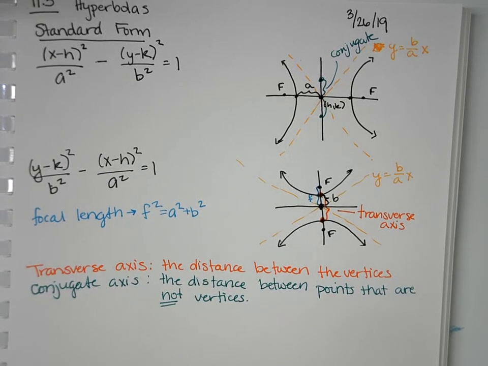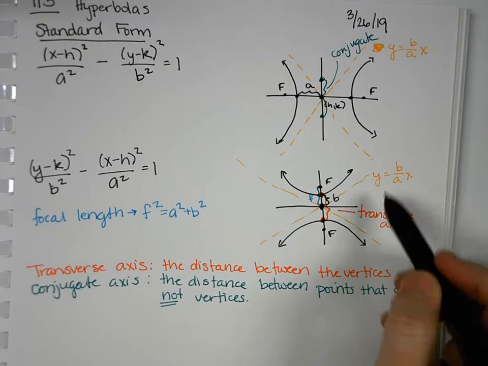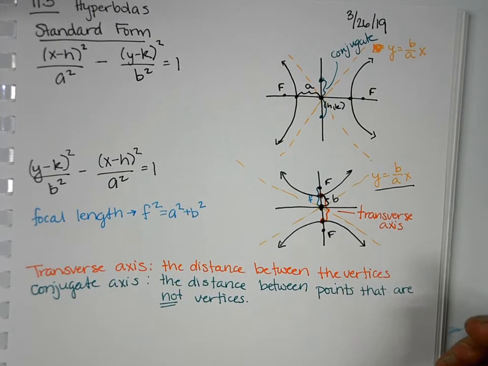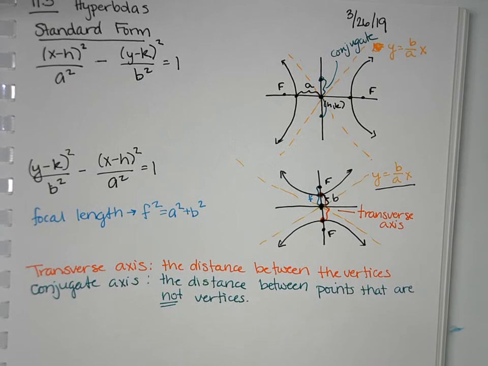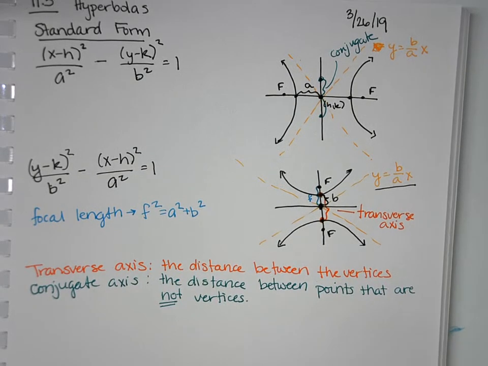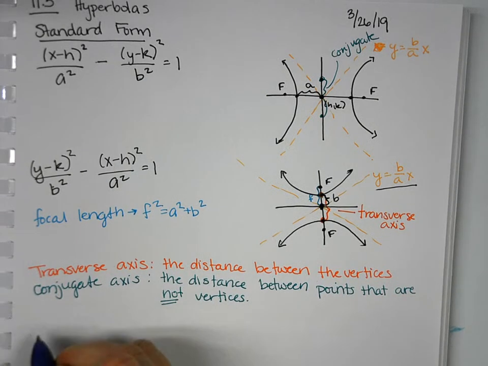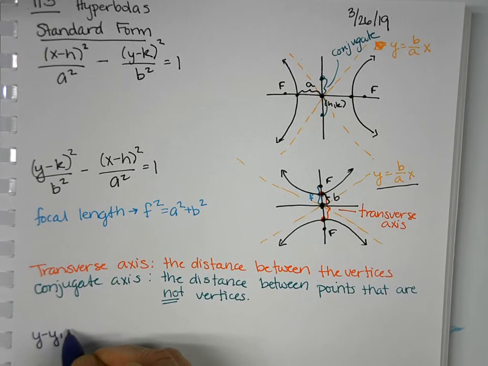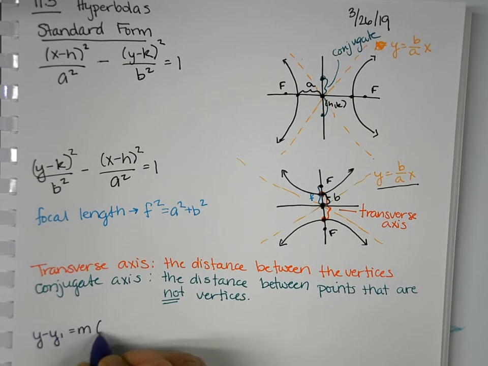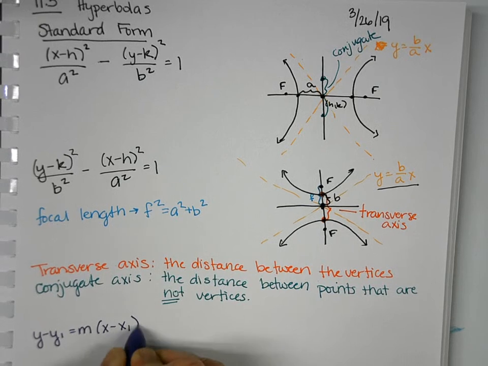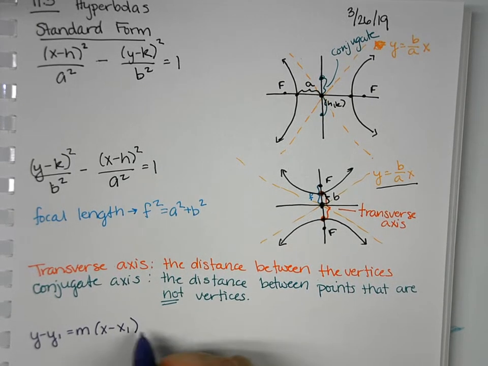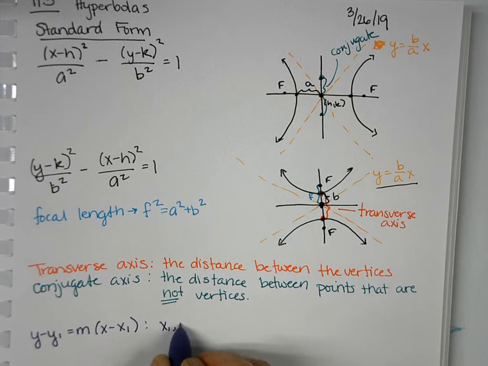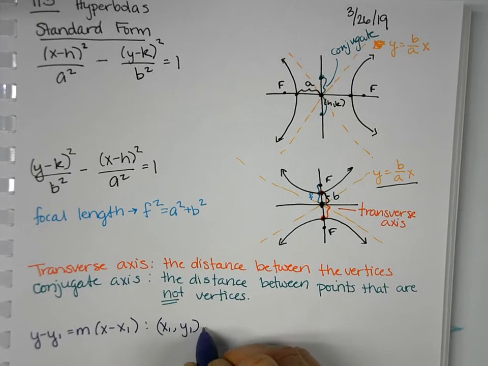The last thing that we kind of need to know is our general equation for asymptotes. So up here, I gave you the equation if it was centered at 0, 0. But it's not always going to be centered at 0, 0. So when we're not at 0, 0, we go to our point slope form, where (x1, y1) is the center.